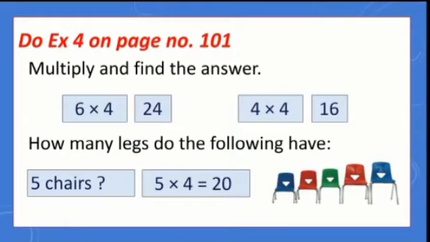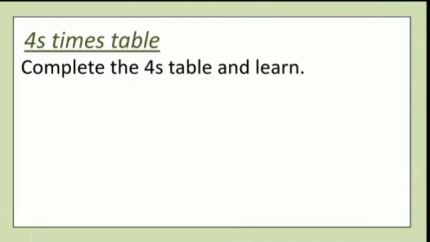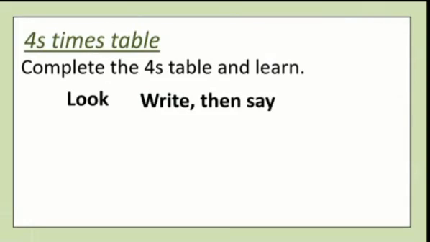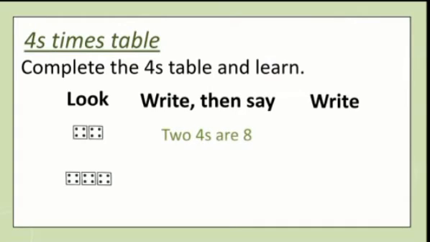Now learn the 4 times table. First have a look, write, then say and write. Look, there are 2 fours. Now say 2 fours are 8 and write 2 multiplied by 4 is equal to 8.